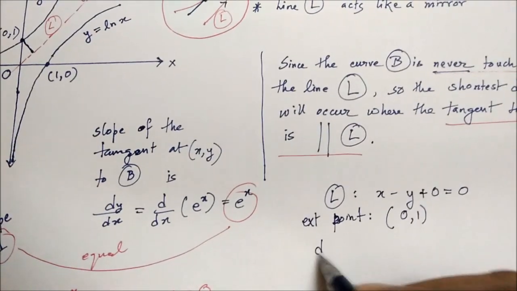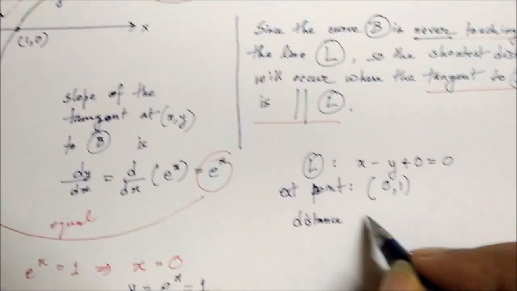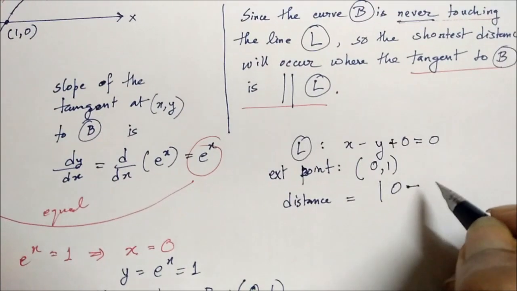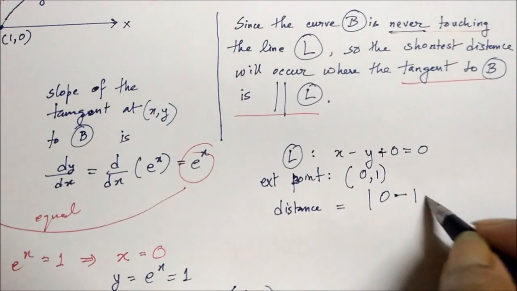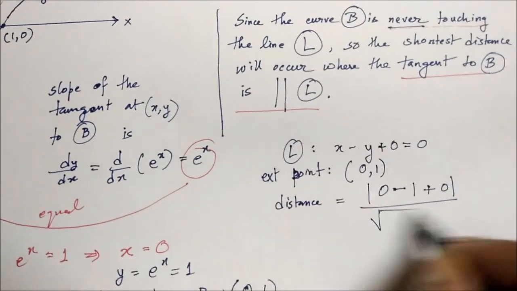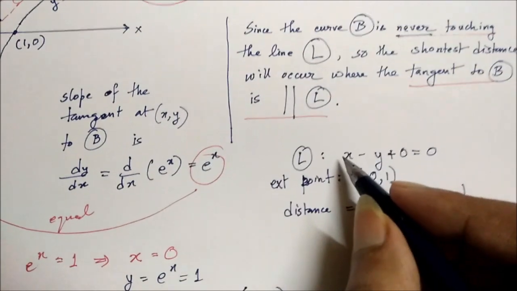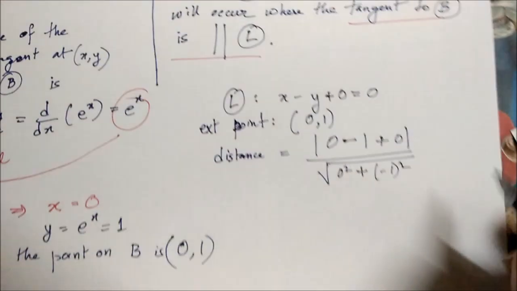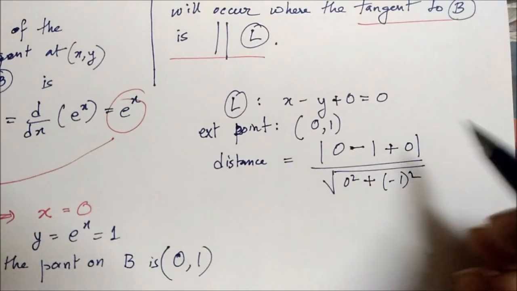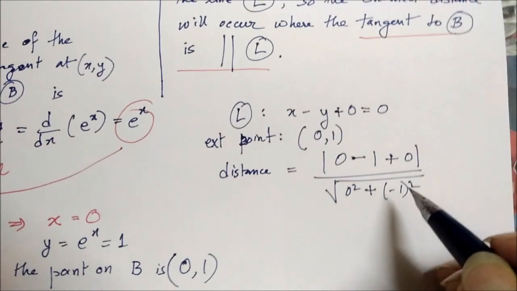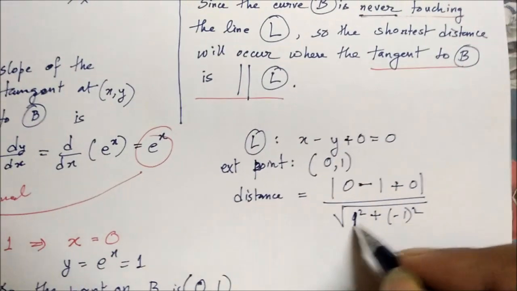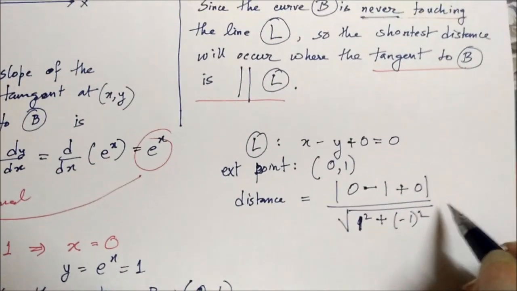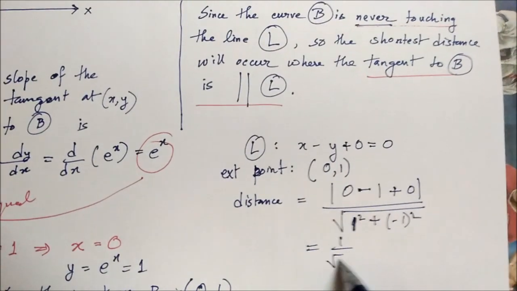So the distance is given by the modulus of, we put 0 in place of x, 1 in place of y, the rest is 0, whole divided by the square root of the square of the coefficient of x plus the square of the coefficient of y. Modulus of minus 1 is 1, and this is minus 1 whole square, so this is root 2. So it's simply 1 by root 2 units.